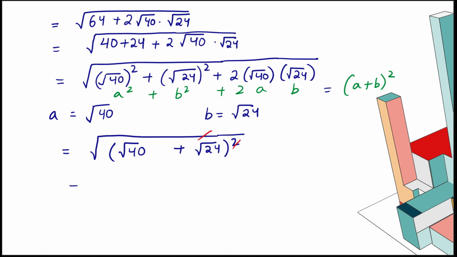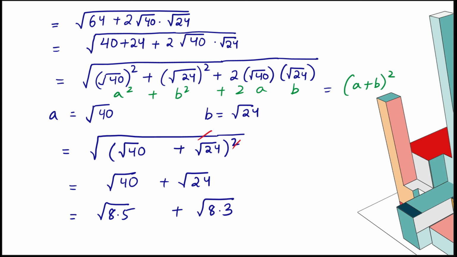So now we can write it as square root of 40 plus square root of 24. Then you can write square root of 40 as 8 times 5 and square root of 24 as 8 times 3. Then we have square root of 8 times square root of 5 plus square root of 8 times square root of 3, by using the property of square root.